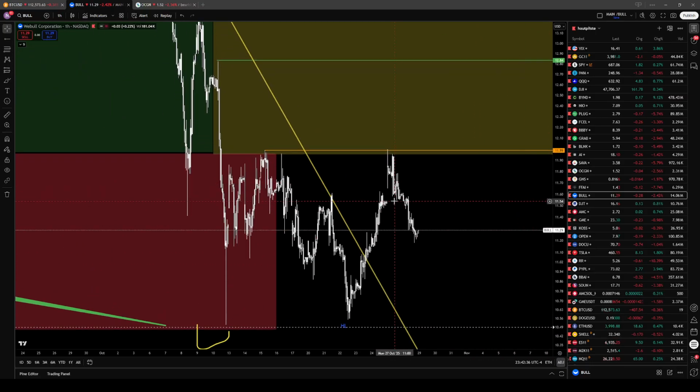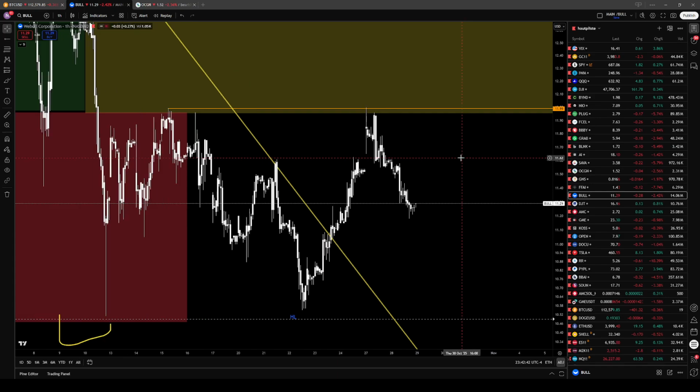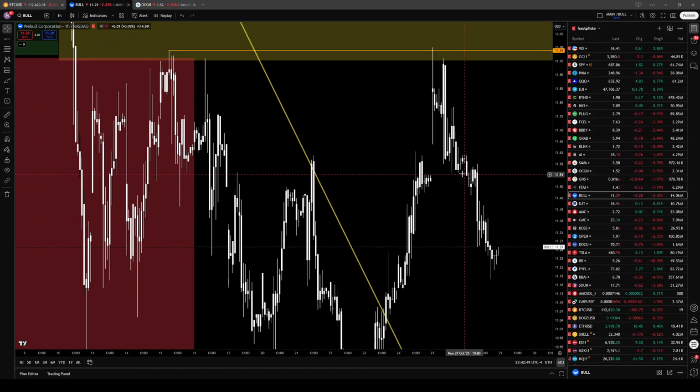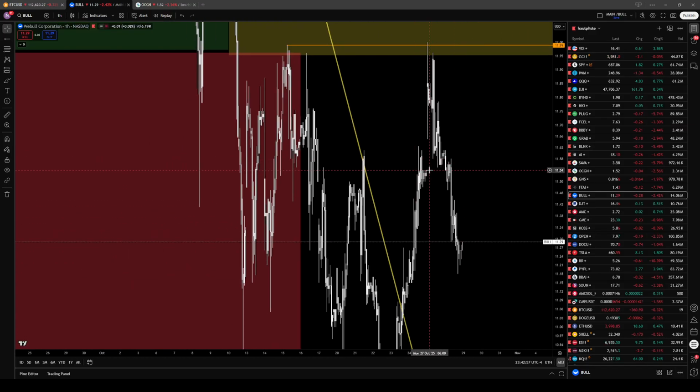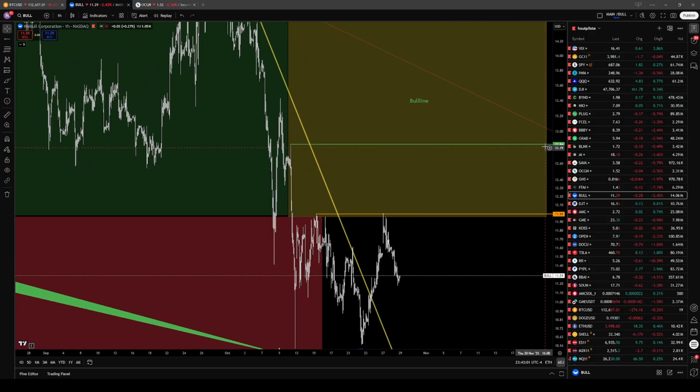Okay, we did it already yesterday. No. Yeah, we also gapped yesterday, but we didn't. Yeah, look here. Close yesterday wasn't a gap fill. Today we went a little bit lower, but today we perfectly gap filled. So this gap is filled.